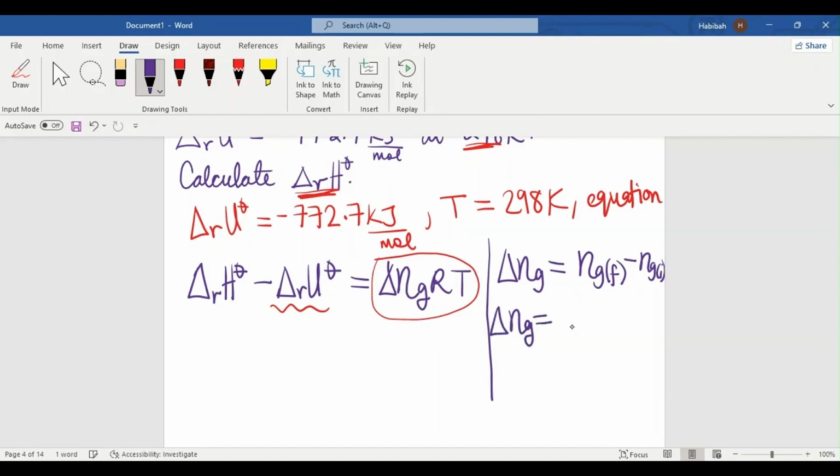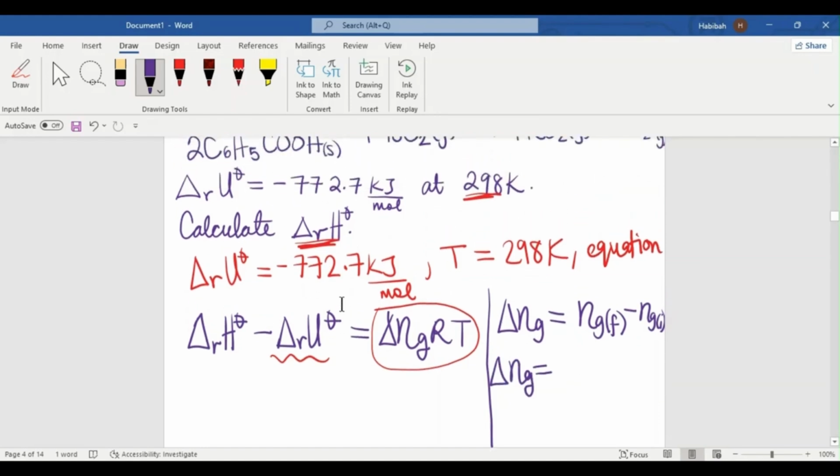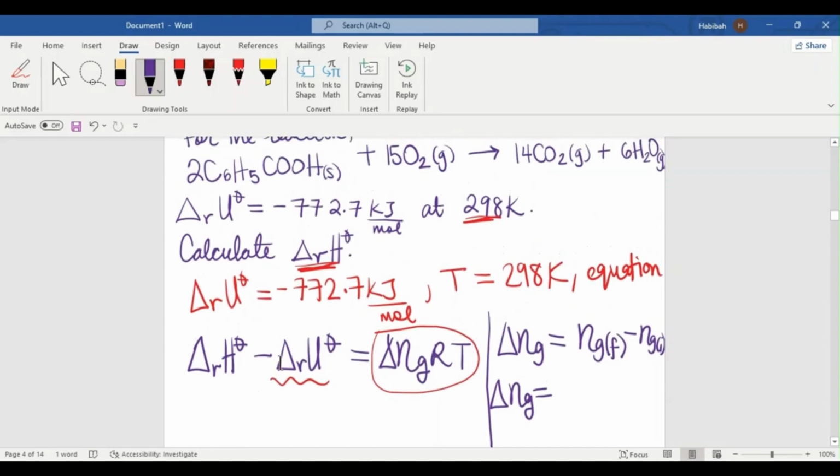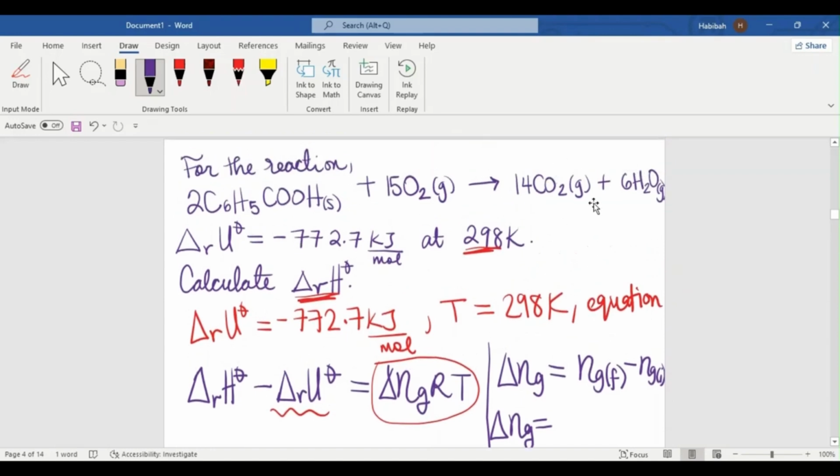So, the change in the number of gases for the reaction would be the final state, which is for me to just count the number of gases on the right side of the equation. So, you have 14 plus 6, that's 20, minus the initial state. In this particular question, we see that the C6H5COOH is a solid, so we do not look at it to determine the number of gases for the initial state.